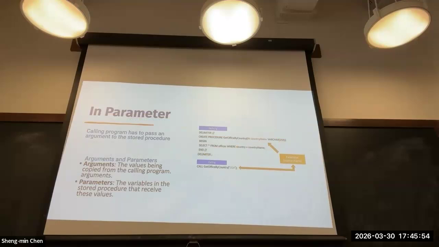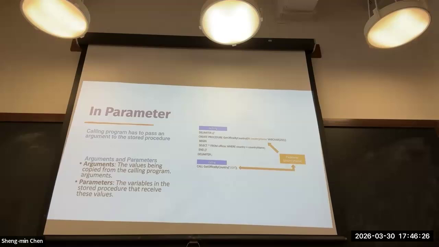Okay, let's look at an example over here. I want to get office by country. This is still declaring, or creating, a stored procedure named get office by country. Now, if I want an input parameter, meaning I want to take in user inputs, I must specify IN, right?